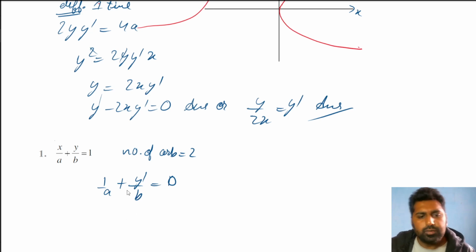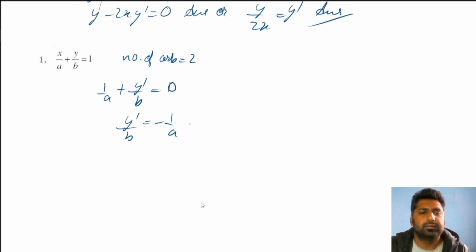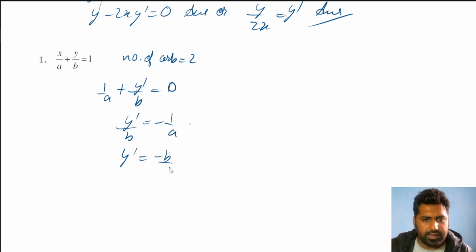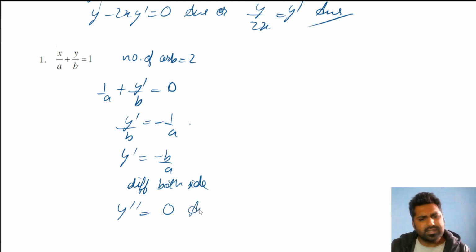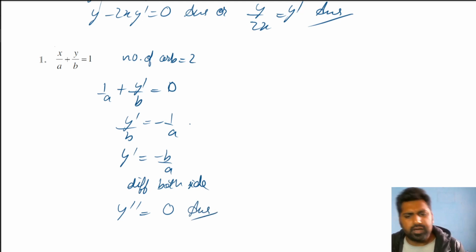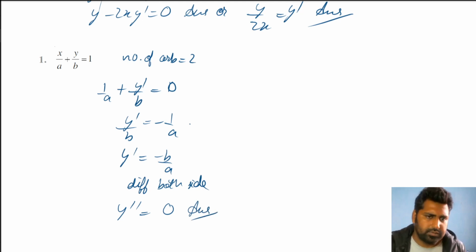So we do the same thing we did earlier. Take a and b on the other side, y dash by b is minus 1 by a, and write y dash is equal to minus b by a, and now differentiate again on both sides. Now y double dash, constant differentiation is 0, and that's your equation: y double dash is 0.